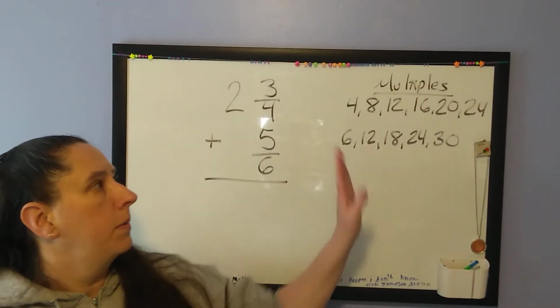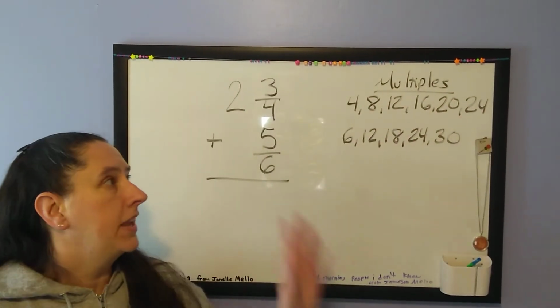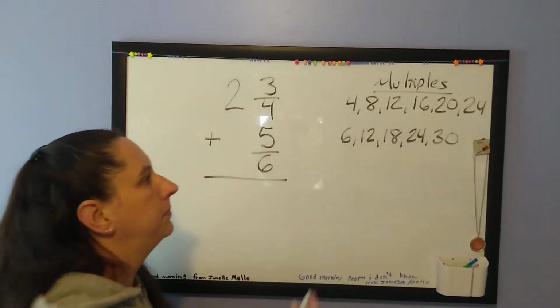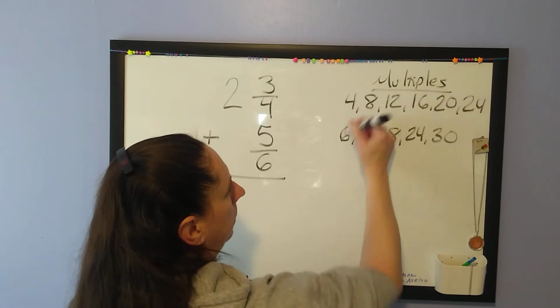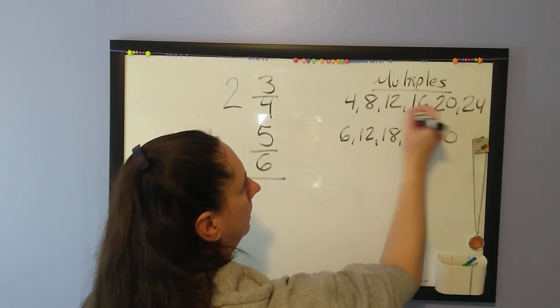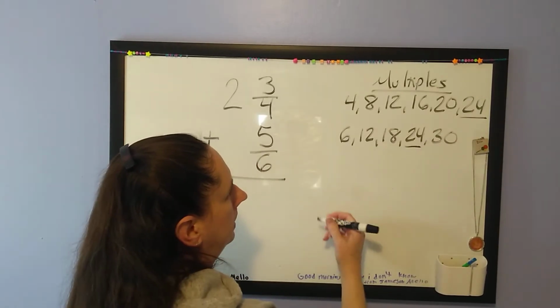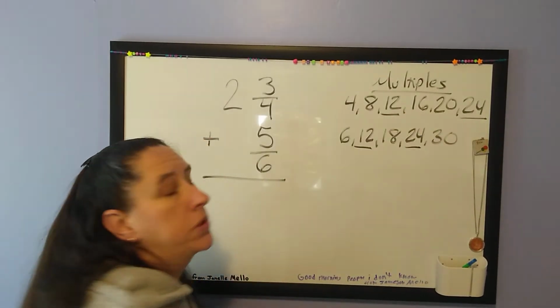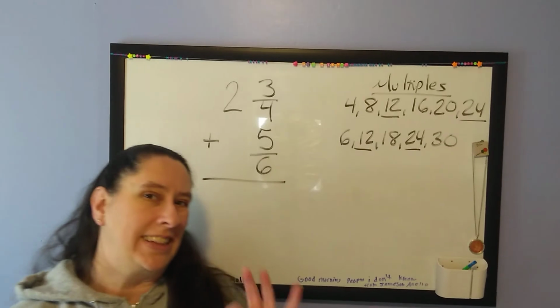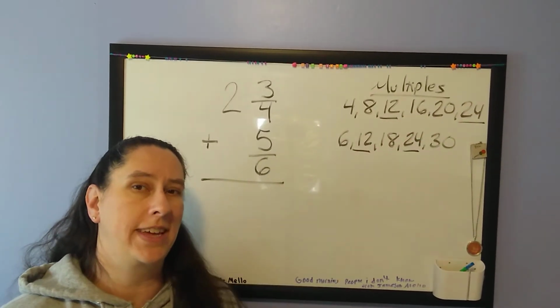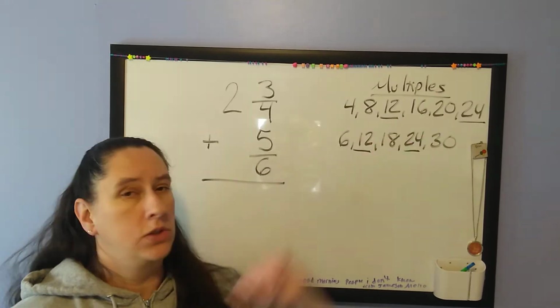Okay, so I've written out my multiples. The next step is to find your least common multiple. So I'm going to look on both of these lists to see if there are numbers that are the same. They both have 24. They both have 12. This is where that least part comes in. We want to use the smallest one that they share. So we're going to use 12.